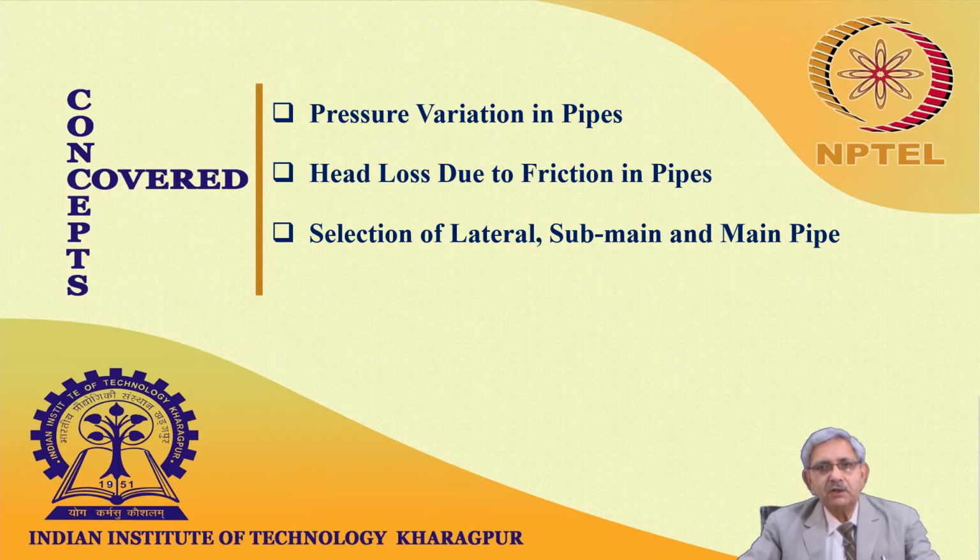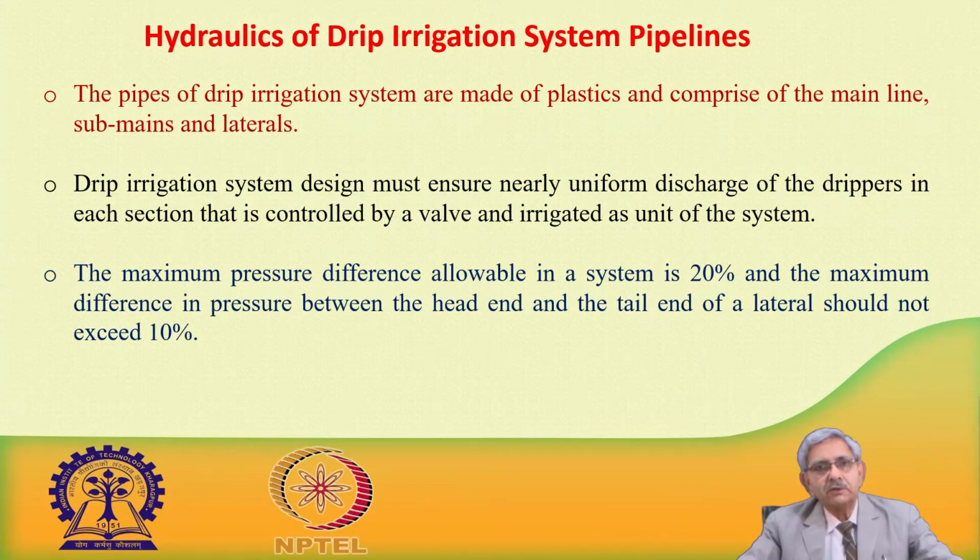Losses could be major loss or minor loss, and we will see how to determine the size of the pipelines, and finally how to select the size of the pump.